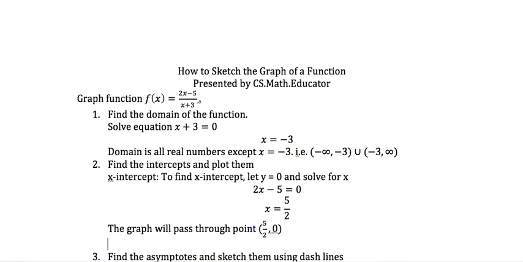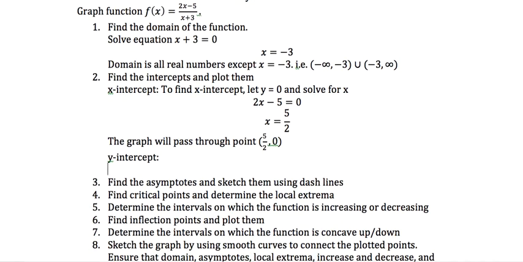Next, we find the y-intercept. To find the y-intercept is equivalent to evaluating the function at x = 0. So we calculate f(0). You just plug x = 0 into f(x).